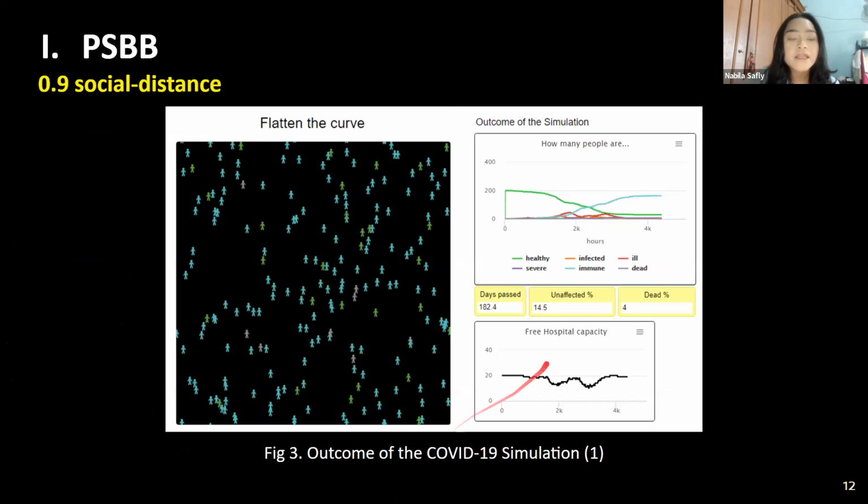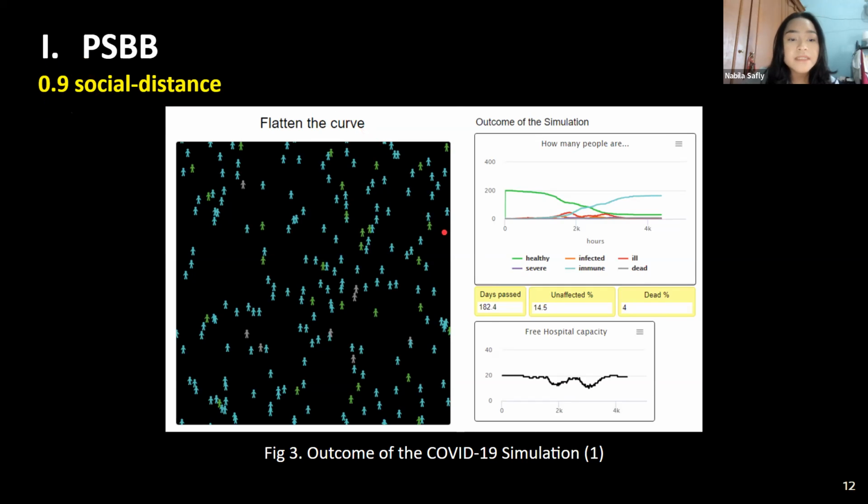And for this result, it can be seen here is a graph of the percentage of agents who are healthy, infected, ill, severe, immune, and dead. From the PSBB scenario, which in fact succeeded in reducing the number of COVID-19 cases in Indonesia in 2020, the simulation was set on a scale of 0.9 social distance.